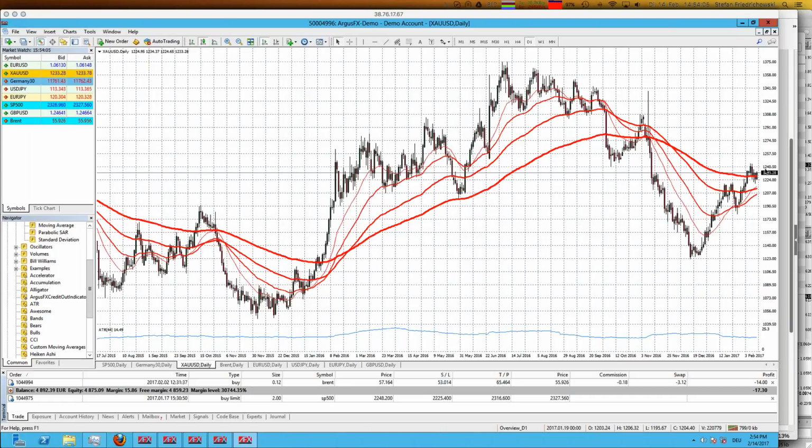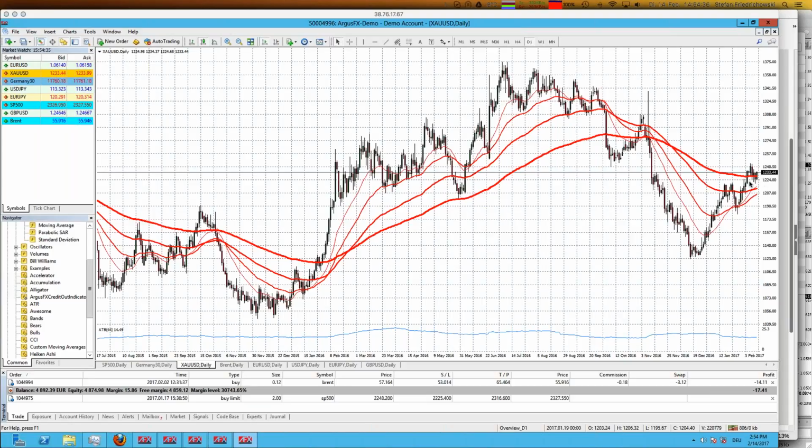Now right now we have that kind of situation that we have a constriction of the 4 EMAs, and the EMA still goes slightly south. So this would now be a point in time to open a new trade, and that would be a short trade here in gold.